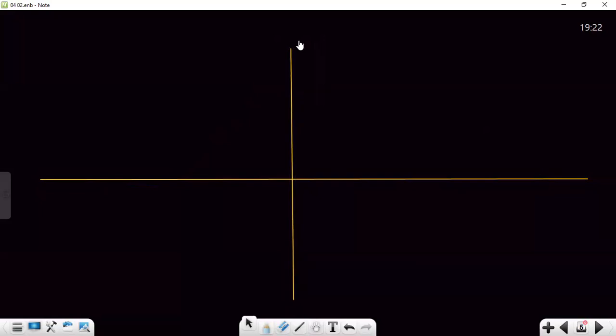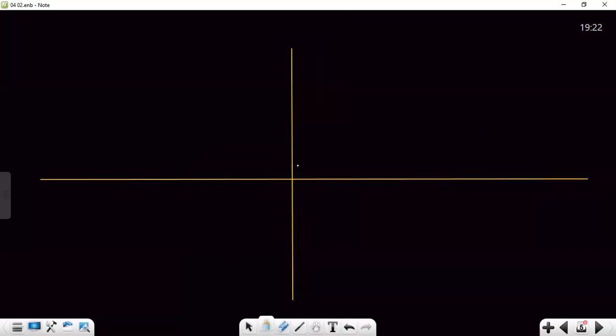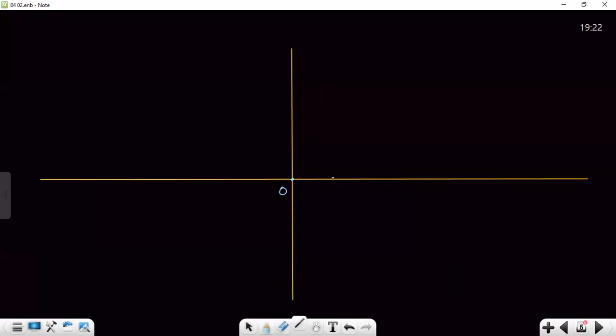Anyways, so now let's discuss what we were discussing earlier, distance. As this is the origin, let's say that we need to find the distance between the origin and the point x, y.